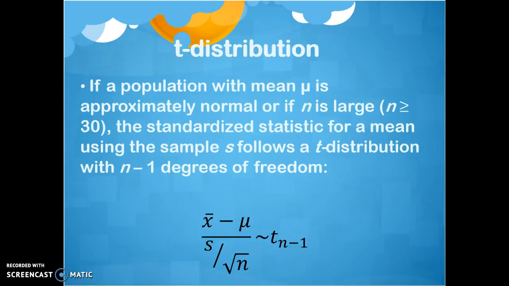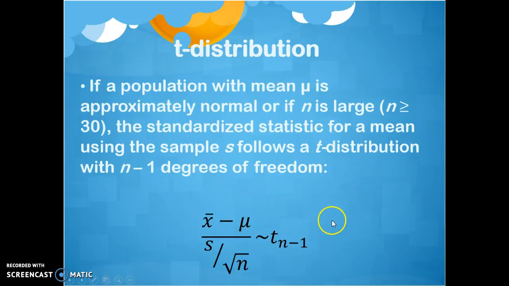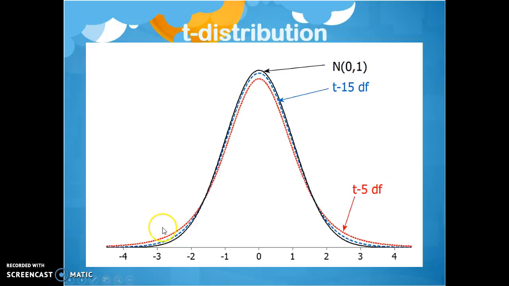If we've got a population mean and n is sufficiently large, greater than 30, then instead of getting a z-score, we will get a t-score, calculated by this formula involving the sample mean, an estimate for the population mean, the sample standard deviation, and the sample size. This formula is how we convert our samples into t-scores to land on a t-distribution, and it captures the shape of this t-distribution.